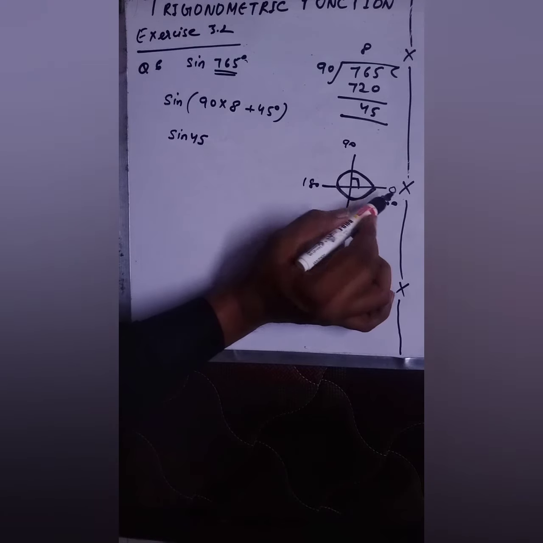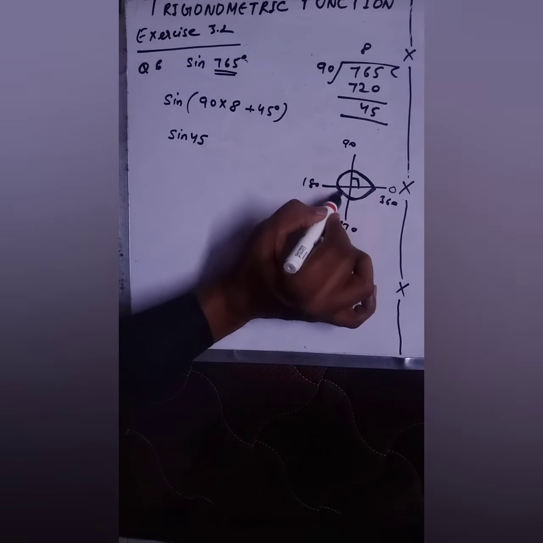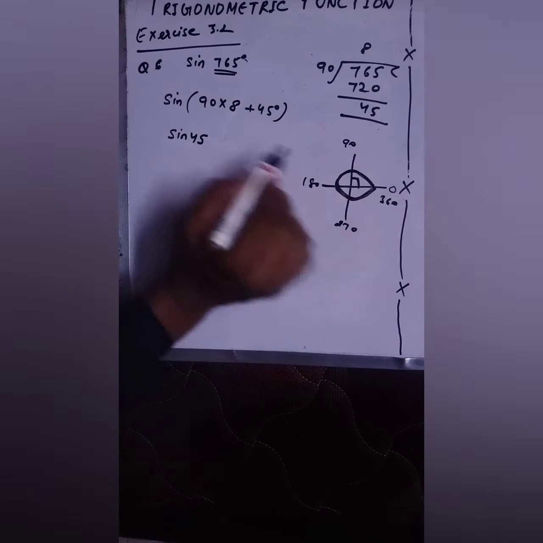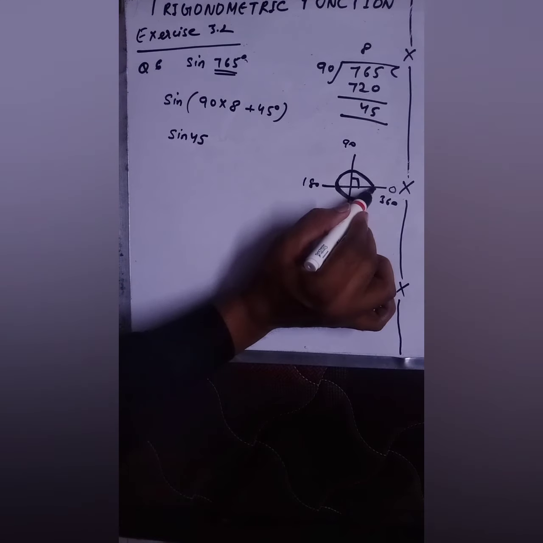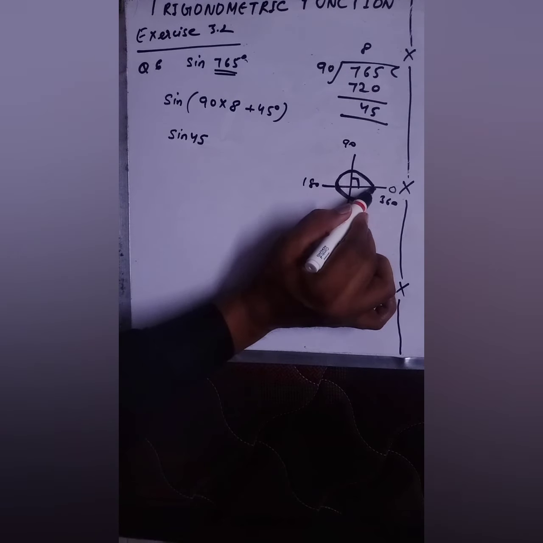So here 90 into 8 means one round contains four 90s, then the second round takes eight 90s. So 90 into 8 means you are taking 2 complete rounds, and you reach here.